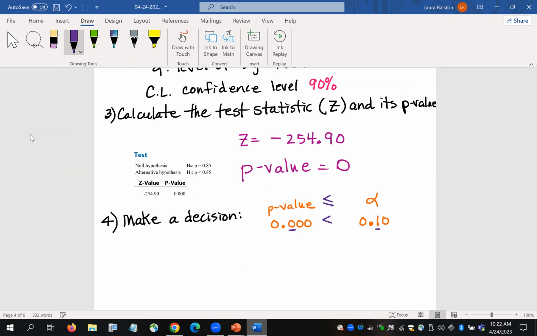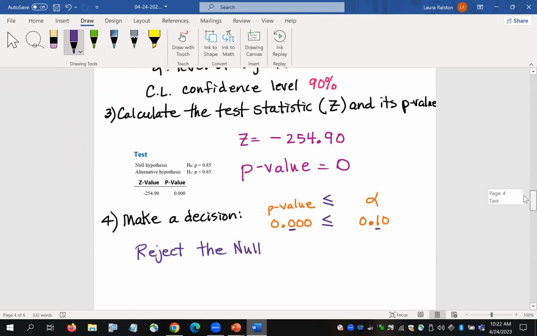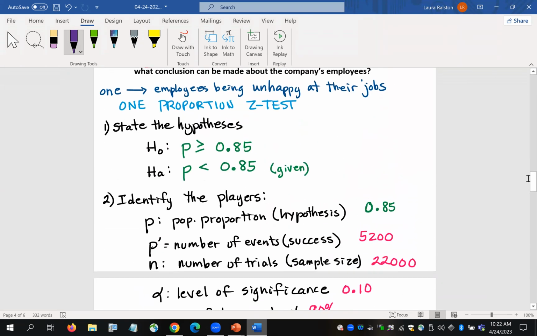So p is less than or equal to alpha. When p is less than or equal to alpha, we reject the null. So if I reject the null, that means the null is false and the alternative is true. So based on the evidence, we have proven that the percentage is less than 85%.